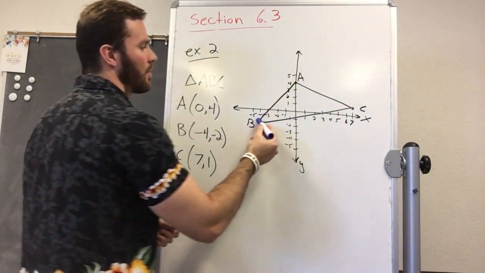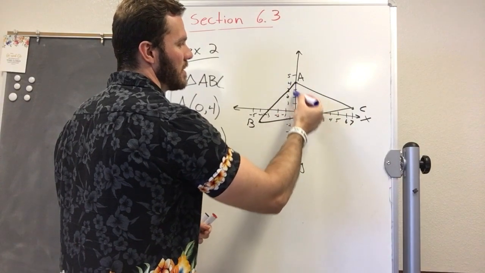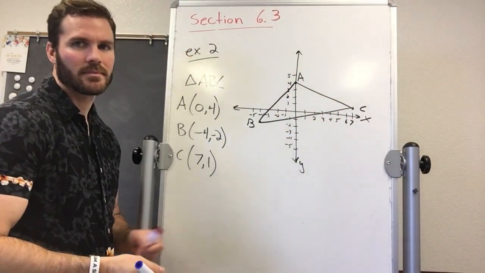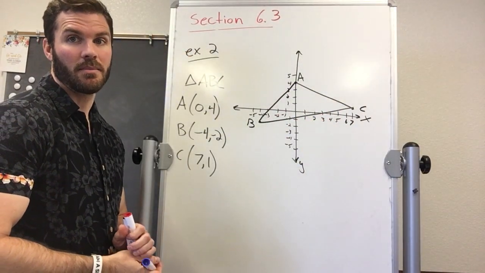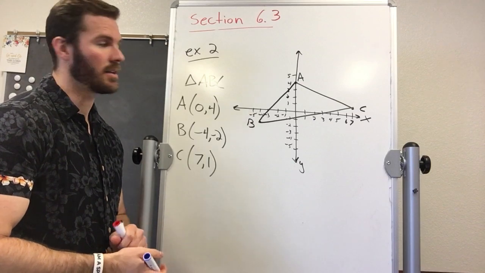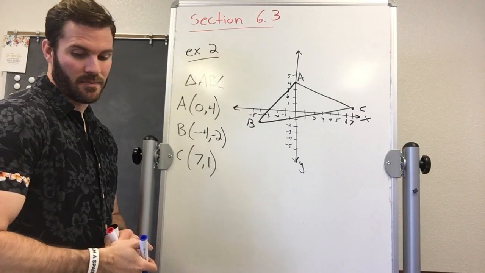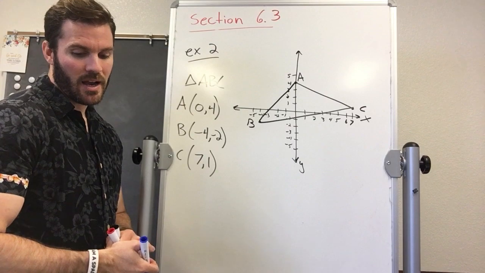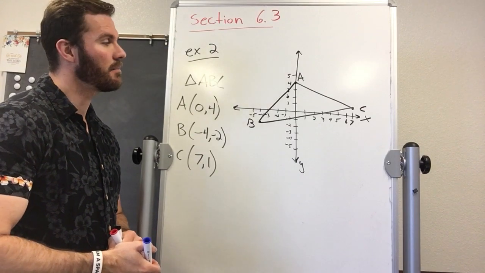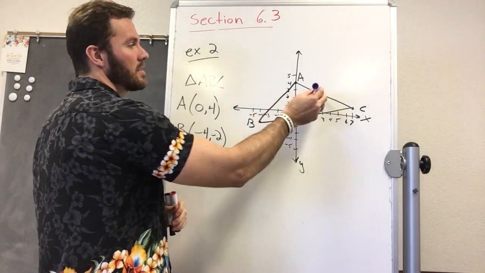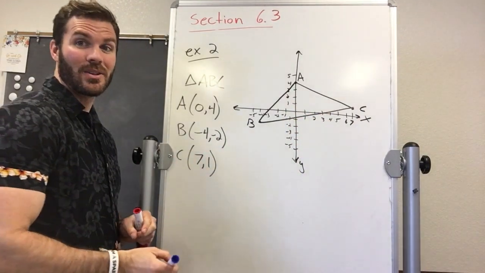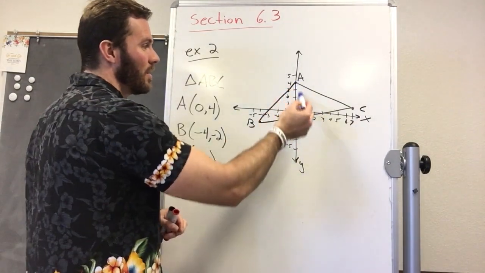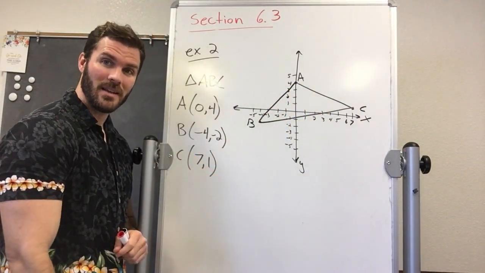I could just draw it and hope for the best, but most likely it's not going to be exact. So I'm going to have to find the midpoint for each side so I know exactly where to go when I draw my medians.